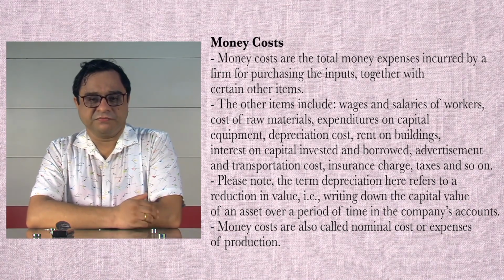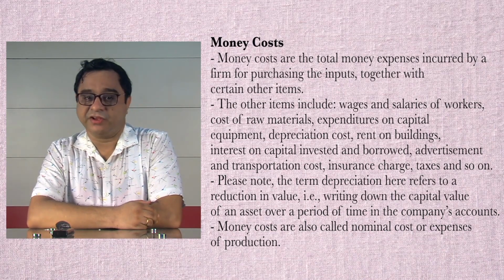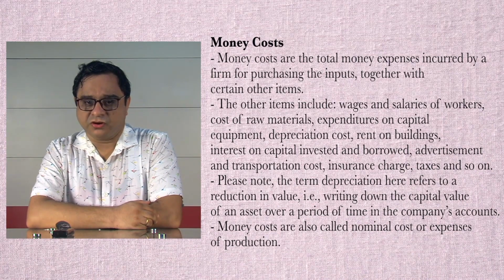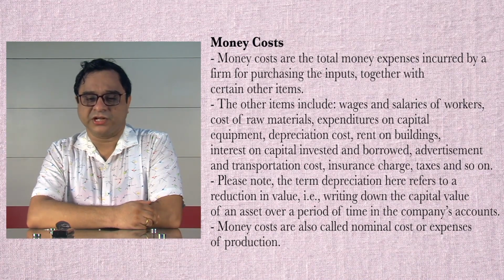Please note, the term depreciation here refers to a reduction in value, that is, writing down the capital value of an asset over a period of time in the company's accounts. Money costs are also called nominal cost or expenses of production.